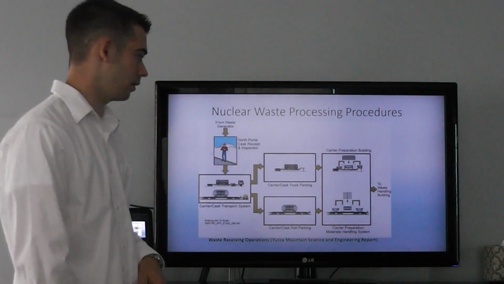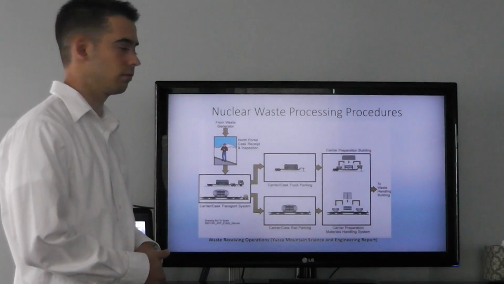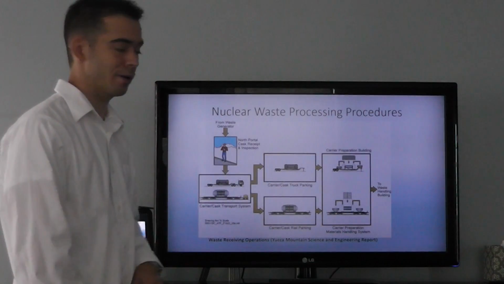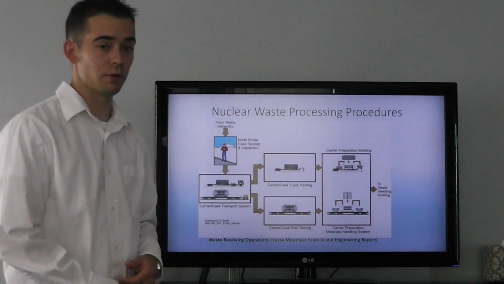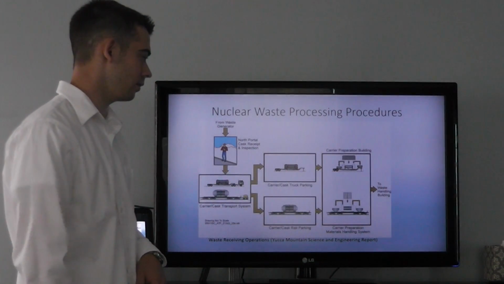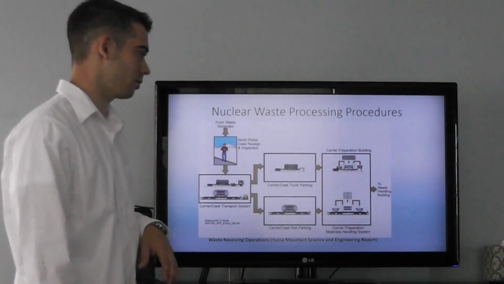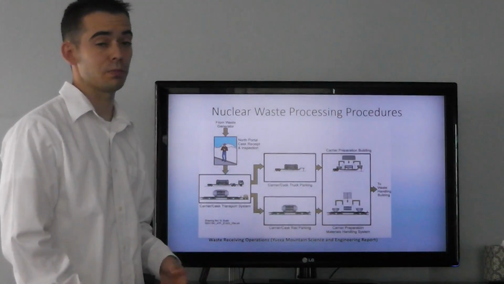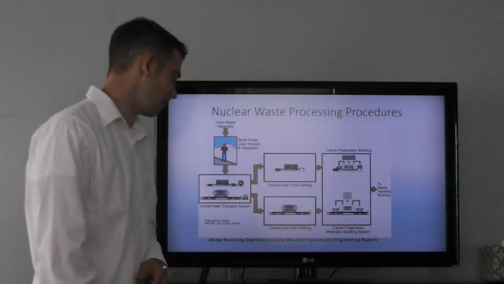Here they'll inspect it, check for any contamination, and then they'll go to a parking lot where they'll essentially just sit and wait until they're ready to process it. Then they go to a carrier preparation and handling system where they're going to remove any material that was surrounding the casks that was meant for transporting and safety. From there, we're going on to the waste handling building.